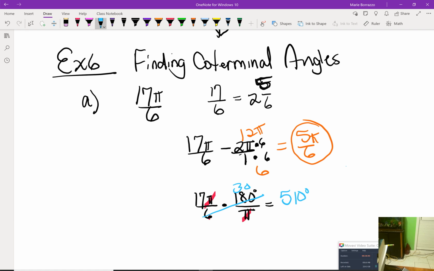So if I do the same thing with 5 pi over 6, and I'll multiply by 180 over pi, this is just exploring. There's nothing wrong with that, and I know this may seem mundane to some of you. Notice that 6 goes into 180 again 30 times, and 5 times 30 gives you 150.